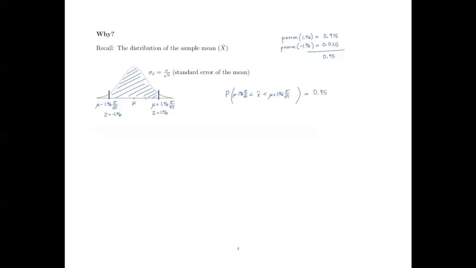Again, I just picked the 1.96 and the 95% because it's common. I'm just trying to pick an example so you can see how these intervals are constructed.